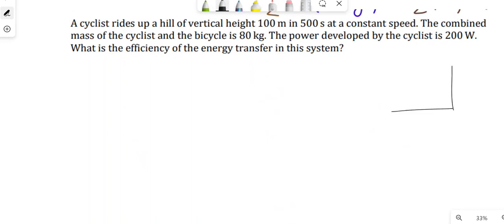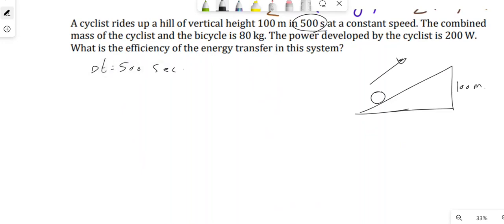So here you have an inclined surface, and suppose this is the cyclist. It's moving up. The height is 100 meter, in 500 seconds at constant speed.